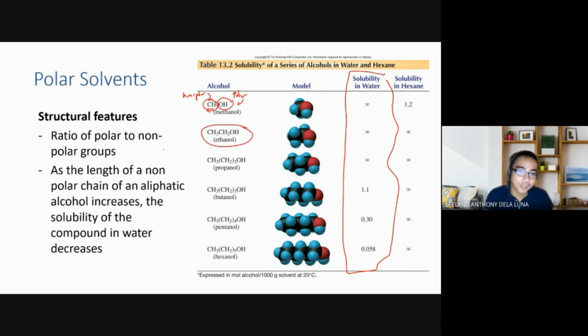So kasi si ethanol, CH3, CH2, OH. Ganyan siya. Okay? So class, ang isopropyl alcohol natin, okay, ang nangyari dyan, nag-branch out siya. Okay? Nag-branch out yung kanyang carbon molecule.